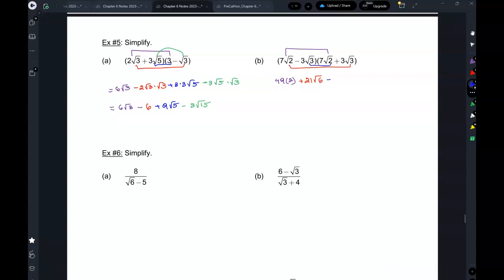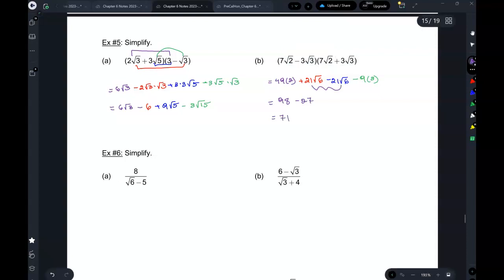Inner terms minus 21 root 6. Oh, wow. Outer terms minus 9 times 3. So this is 98. These two go away. Minus 27, 71. Okay, now, could we have known that from the beginning?